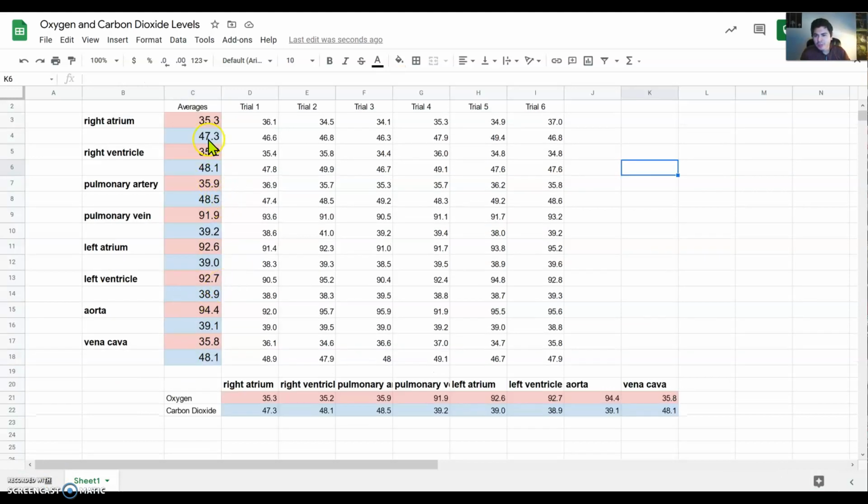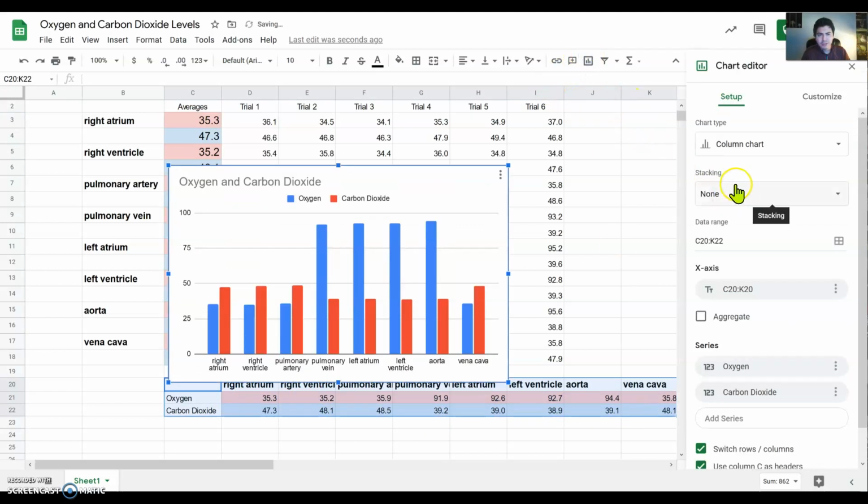Since the formatting didn't fit, I couldn't select this and create a chart from it. What I did was copy that and paste it over here, with the appropriate places. Here's the oxygen, 35.3 and 35.2. And then I can now select that and create a chart.